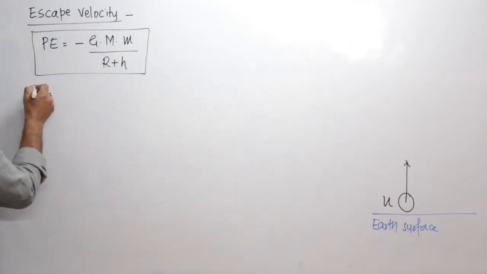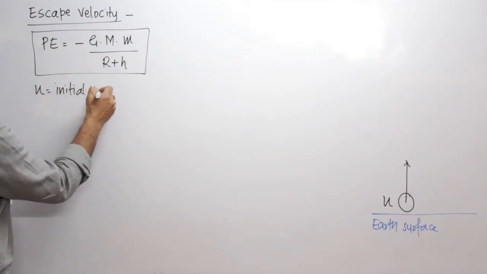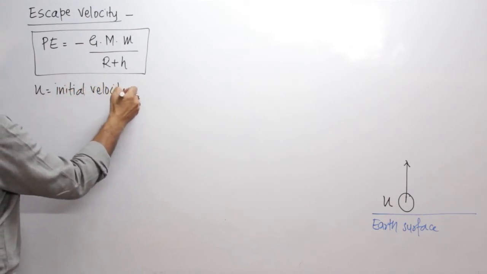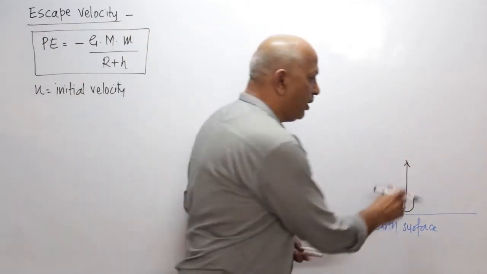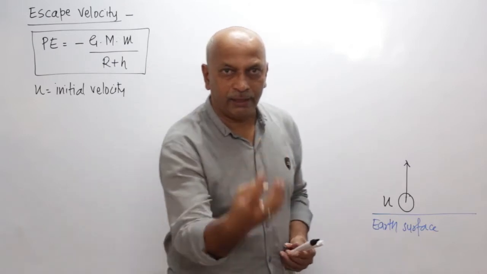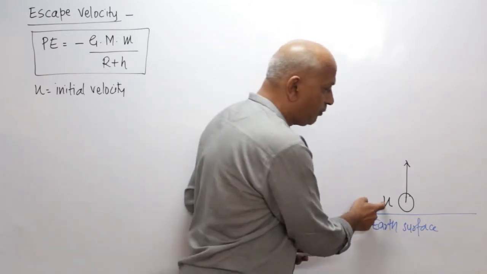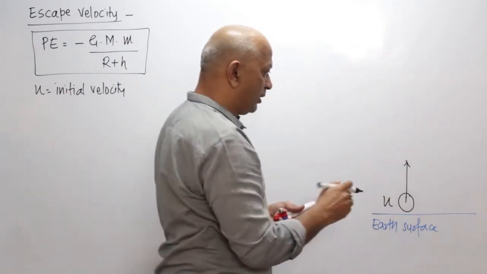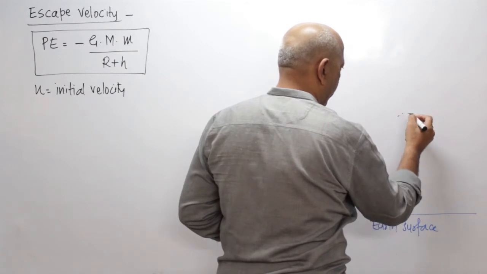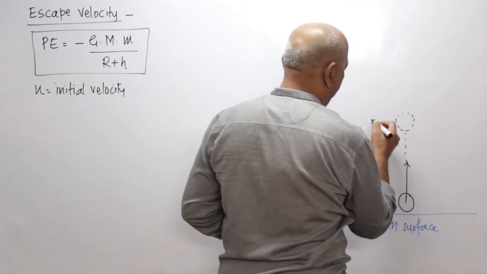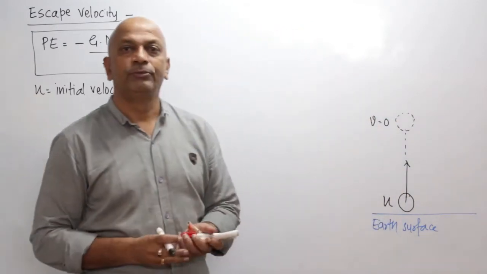U is initial velocity. As this object goes up, हा एखादा ऑब्जेक्ट खालून पृथ्वीवरून आपण सरफेसवरून वर फेकला, तर it will go to a certain height, and here its final velocity will become 0 and it will fall down.